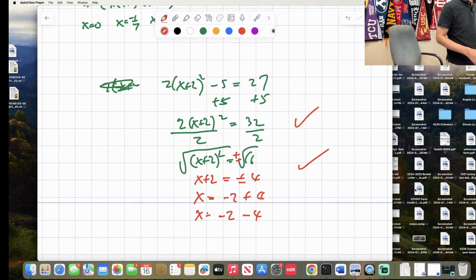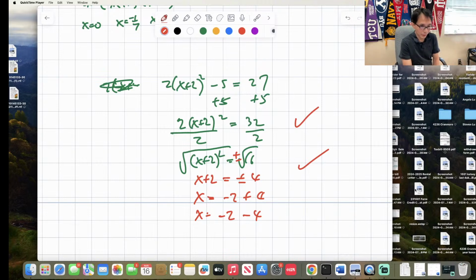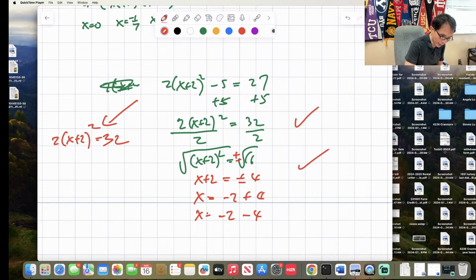Yes, Amara. Is it 1 point for the work and then 1 point for the answer? Yeah, there's multiple work. There were some people who expanded this way. You're gonna see this equal to 32, and you're gonna see 2 times x squared plus 4x plus 4 equal to 32. 2x squared plus 8x plus 8 equal to 32.